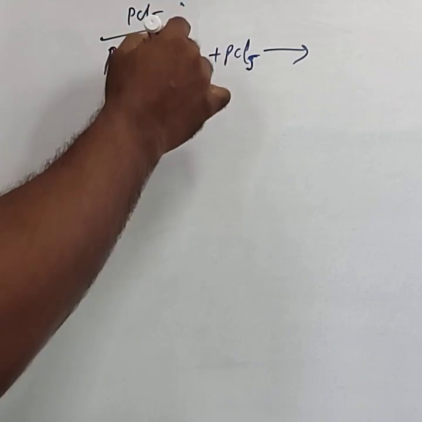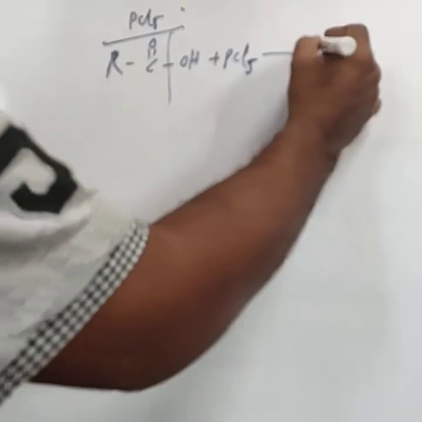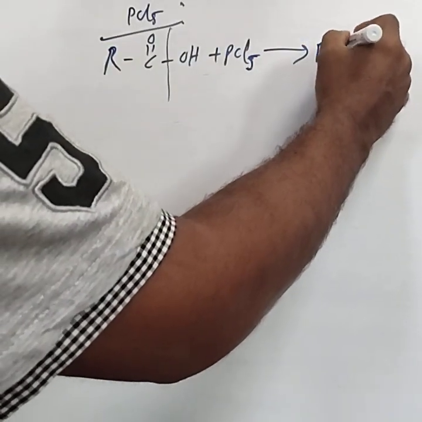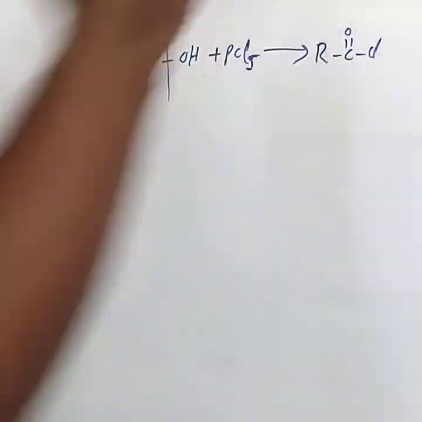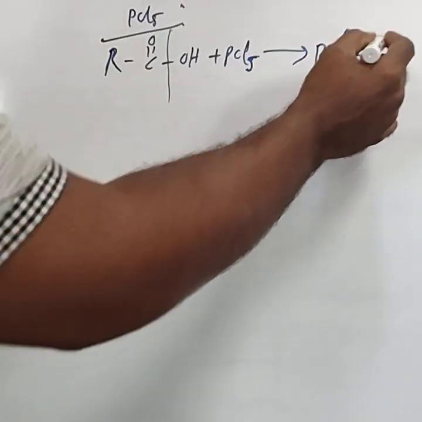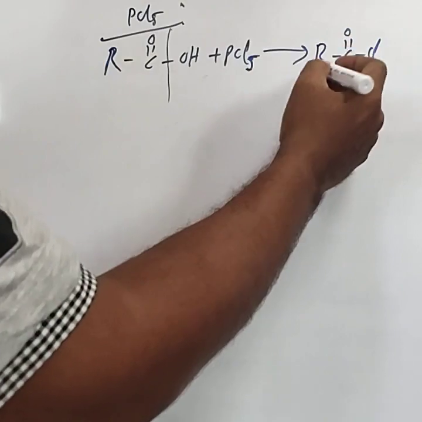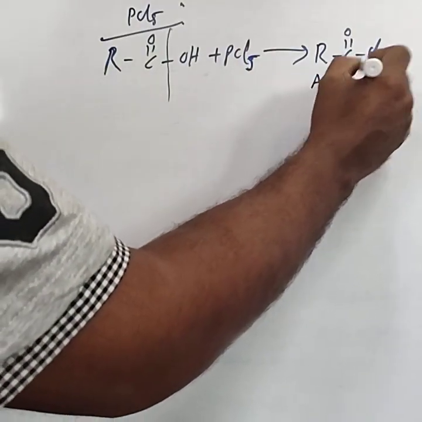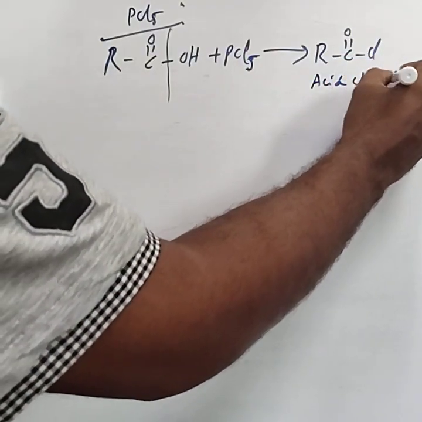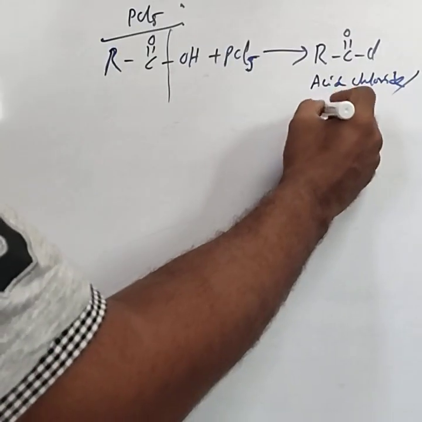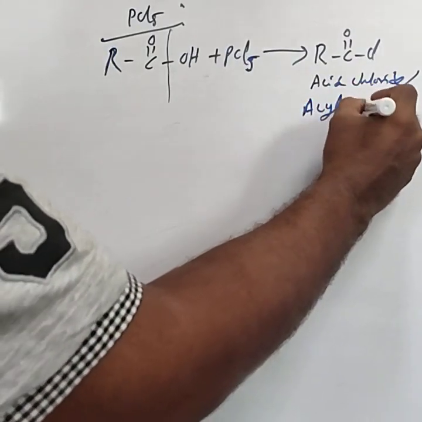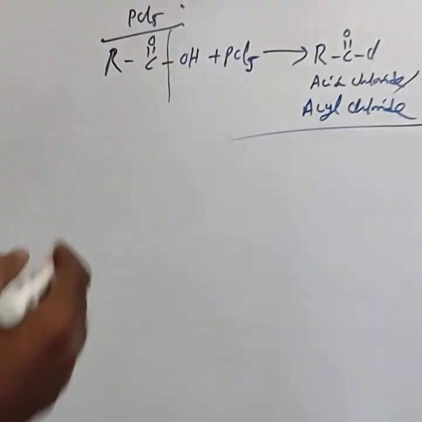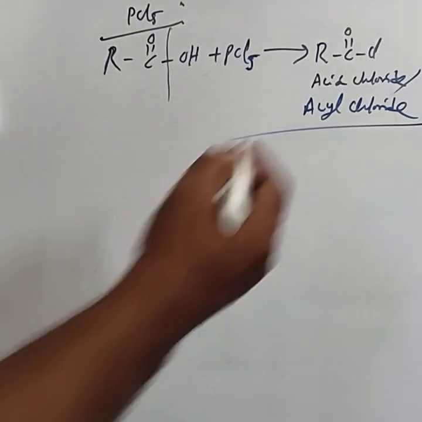And this cleavage of C-OH takes place. The OH group is replaced by one of the chlorine atoms. Then you get RCOCl, commonly called an acid chloride, also called acyl chloride.